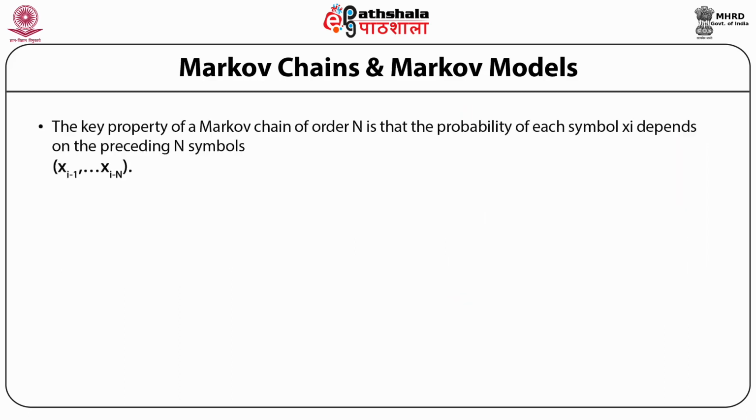Now the key property of a simple Markov chain of order n, that is I have n states in that chain, is that the probability of each symbol xi depends upon the preceding n symbols. Say for example, if whether I would get head in the fourth toss or not depends upon whatever I have gotten in the third toss, in the second toss, in the first toss, and so on, then such a sequence of events can be modeled by a Markov chain.